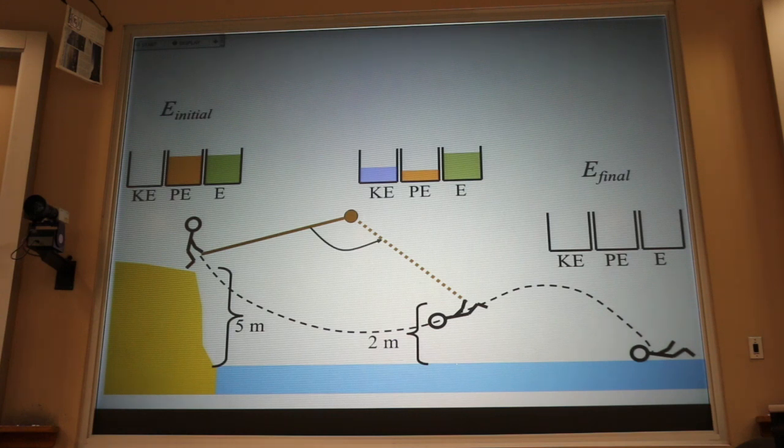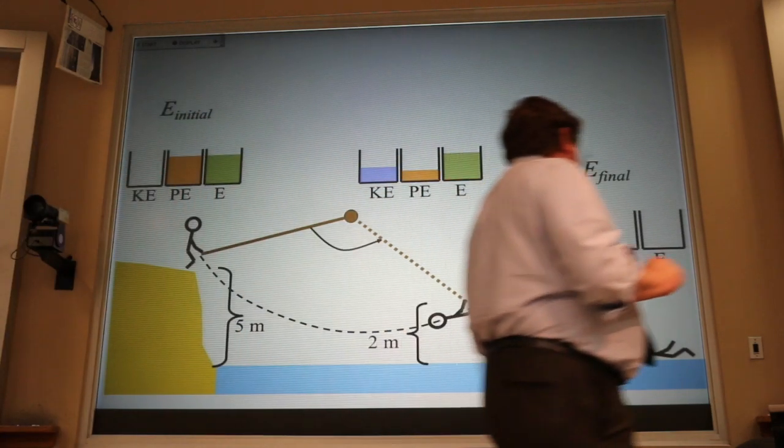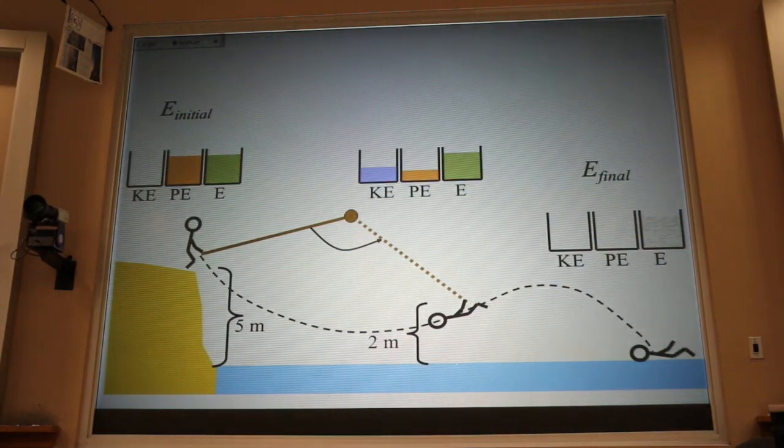If he hits the water, it's doing a whole bunch of negative work on him. That's hard to calculate. That's really messy. You want right before he hits the water, how fast is he going? If energy is conserved, and it is, and all of that energy is now in the kinetic bucket because he's down at height 0, then I can figure that speed out.